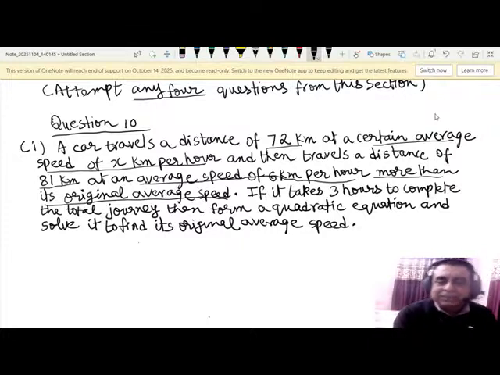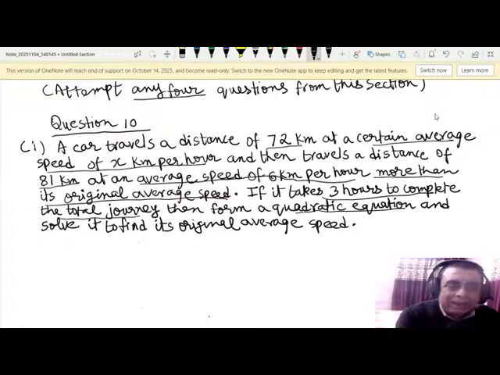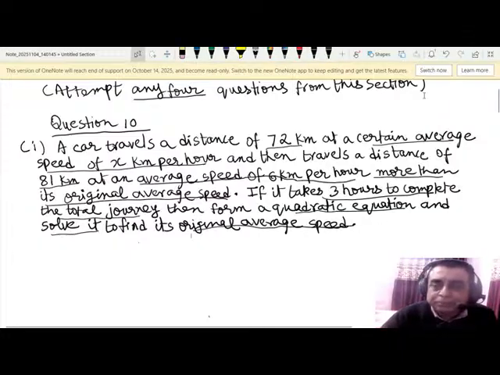If it takes 3 hours to complete the total journey, then form a quadratic equation and solve it to find the original average speed, that is the value of x.